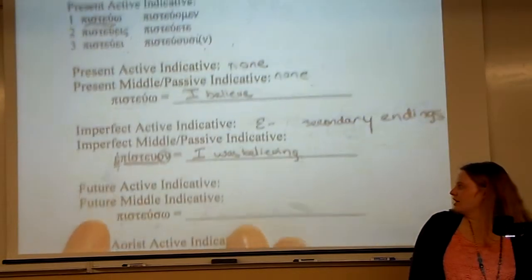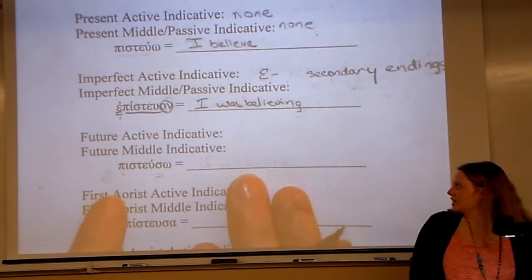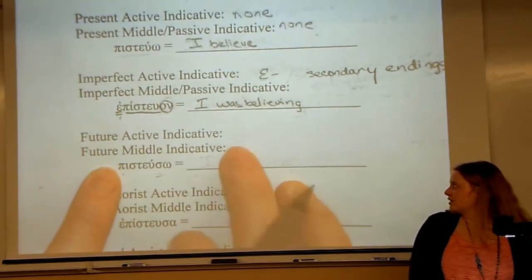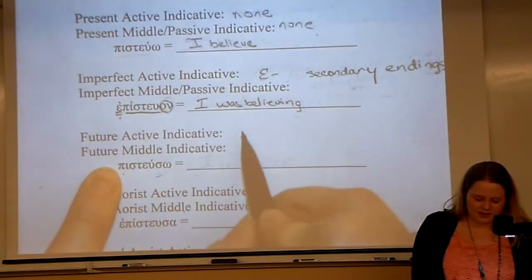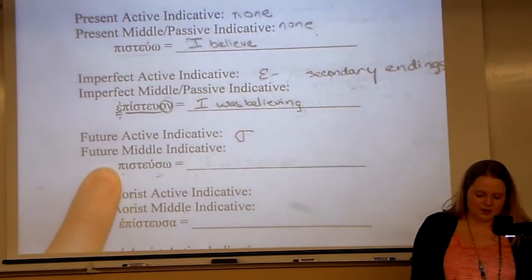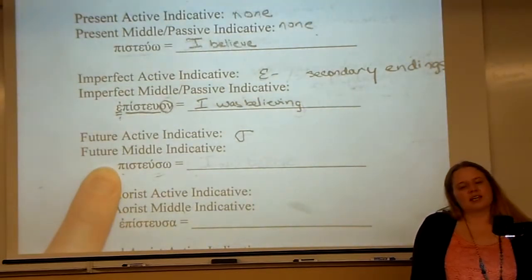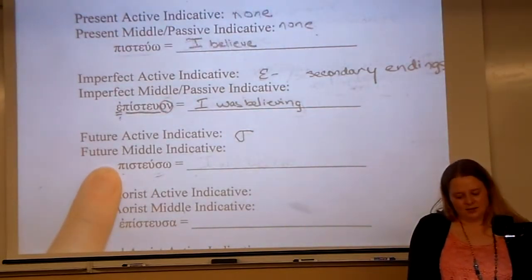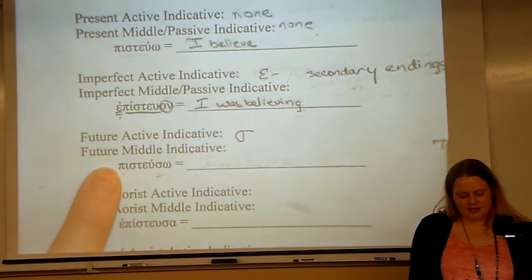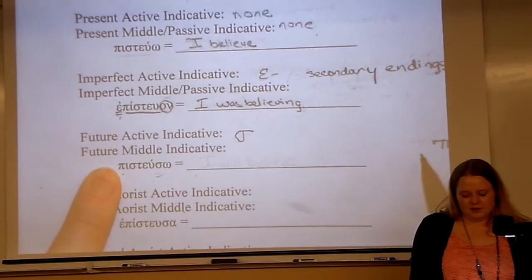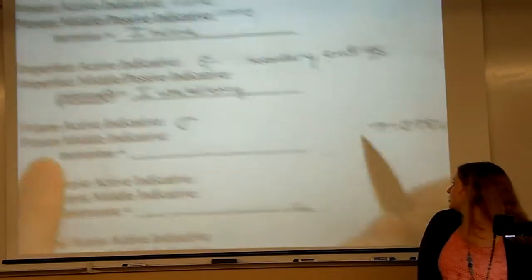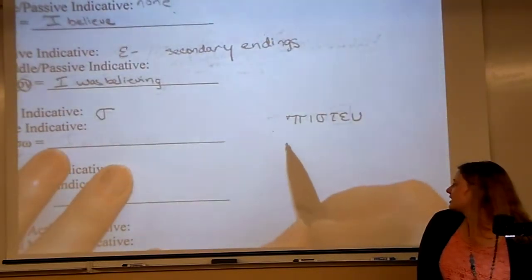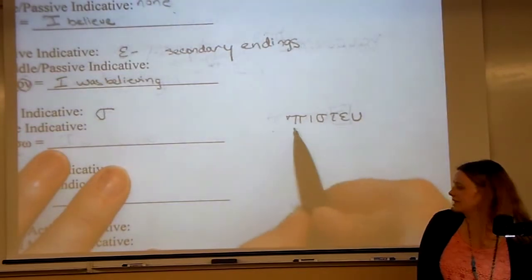What you're learning in chapter 12 then are the future active indicatives, and they also have a characteristic. Their characteristic is a sigma in the middle. Nothing at the beginning, because that would be a past tense verb, but a sigma in the middle. So look at this. Say I take the same stem, pisteu. I don't add anything to the beginning.